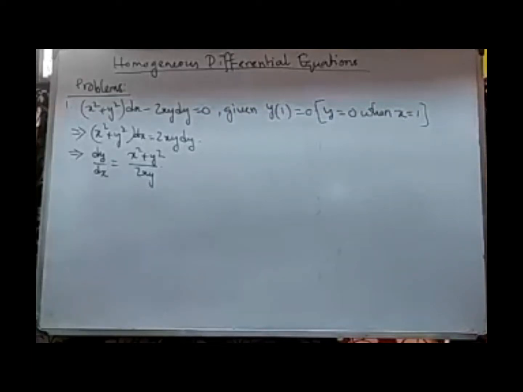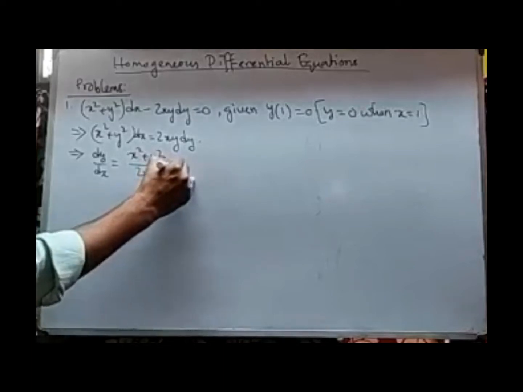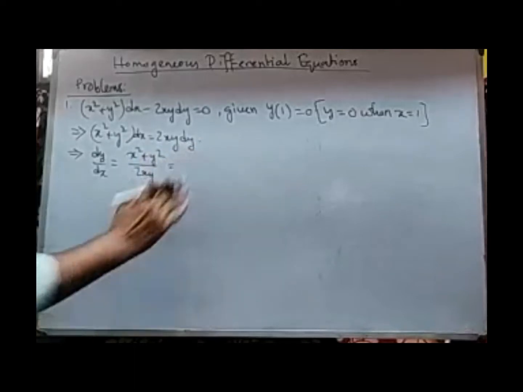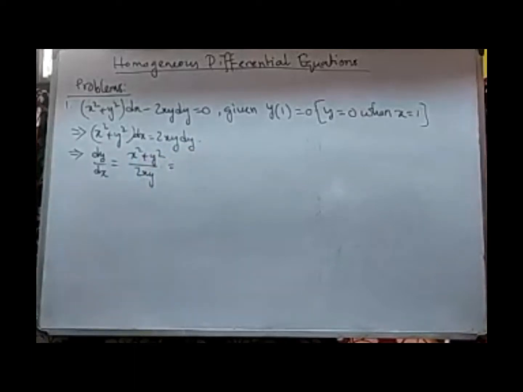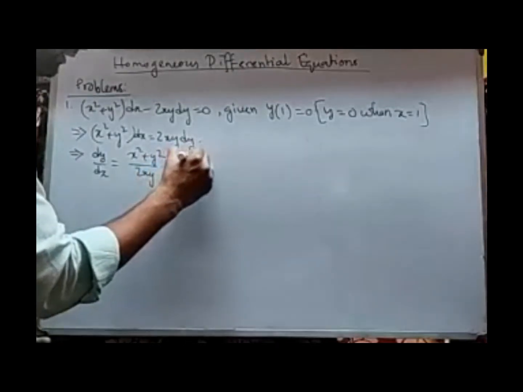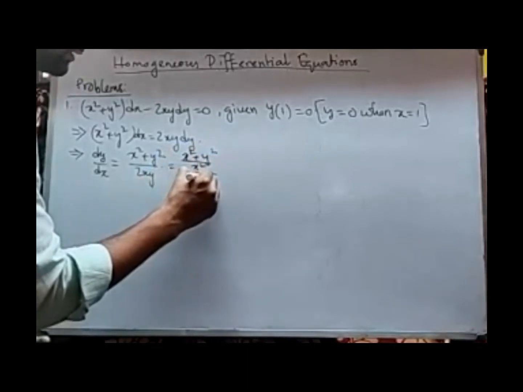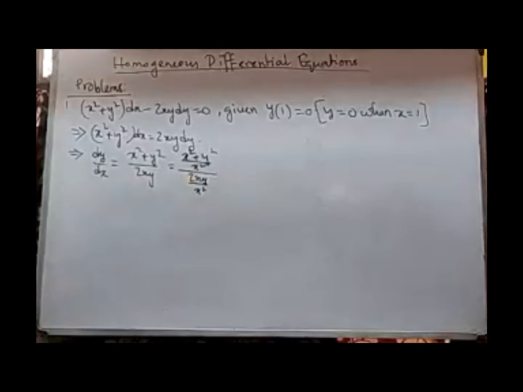Okay, so from the numerator, if we take the highest power of x common, or you can do another thing. You can divide by the highest power of x in the numerator and denominator. It is the same meaning. So you can write it like this: (x square plus y square) divided by x square, whole divided by 2xy divided by x square.